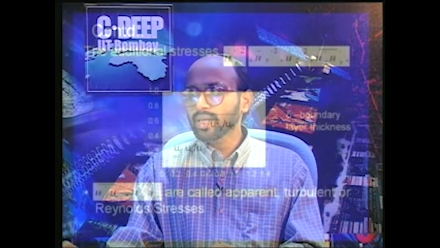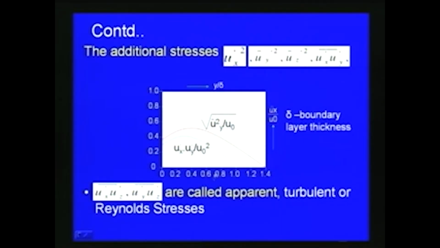Here in this slide, if you plot y by delta, where delta is the boundary layer thickness for a particular problem, versus u x bar by u 0, where u 0 is the free stream velocity, then you can see its variation for u x dash u y dash bar by u 0 square.